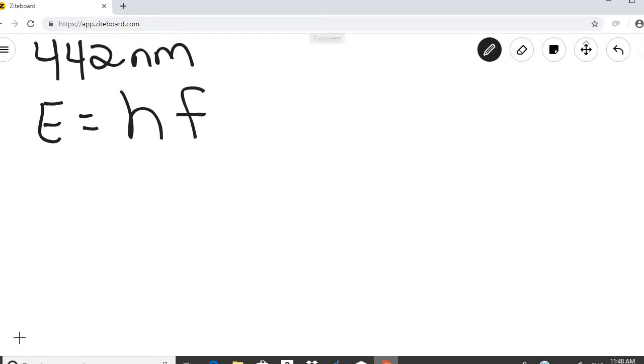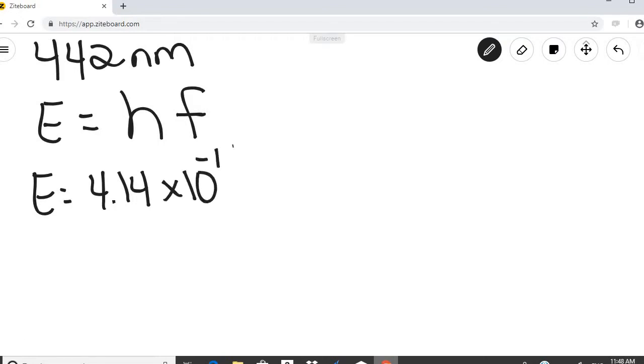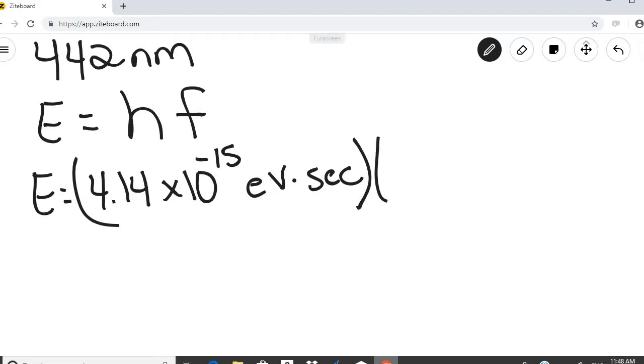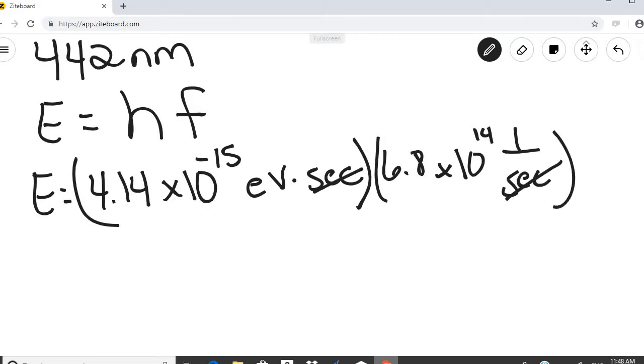You'll be given Planck's constant, so energy is equal to 4.14 times 10 to the negative 15 electron volts times seconds. And then we'll multiply that times the frequency, which was 6.8 times 10 to the 14 hertz, which is 1 per second. So the seconds are going to cancel. You'll be left with just electron volts.